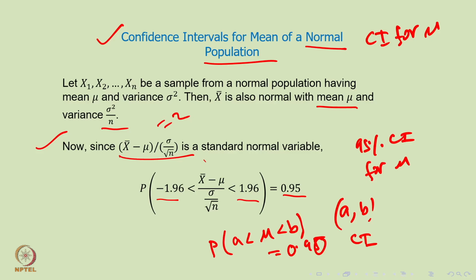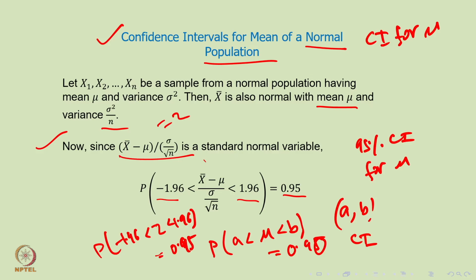On the left hand side you have minus 1.96 and on the right hand side positive 1.96, such that the probability that a standard normal variable z lies between minus 1.96 and 1.96 happens to be 95%. This is the starting point for creating that interval. We put a standard normal in the middle, then find two numbers, minus 1.96 and 1.96, such that this entire probability is 95%.